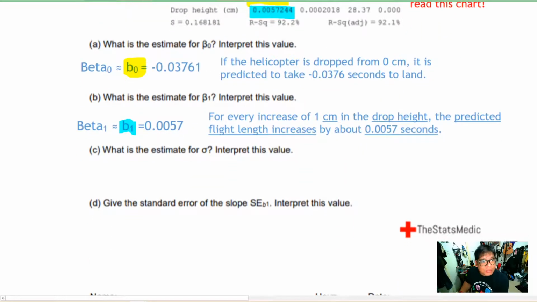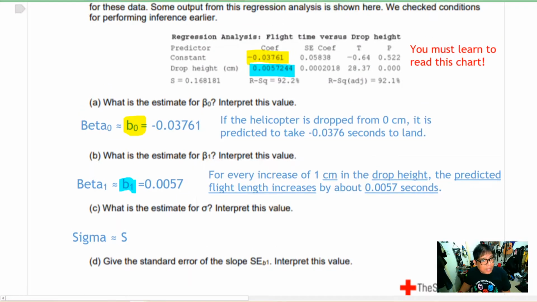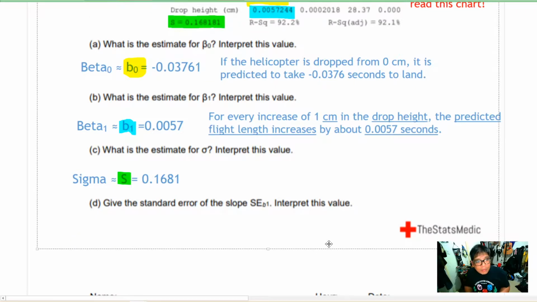How about the estimate for sigma? Well, sigma is approximately equal to S. And I think we see S right here. There is my S. Sigma is approximately equal to S. Therefore, it's approximately equal to 0.1681.